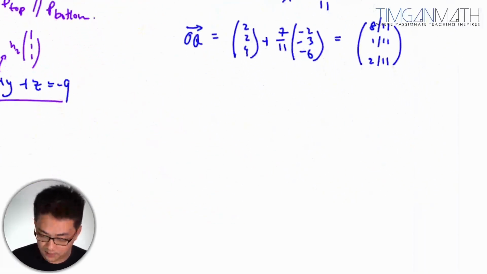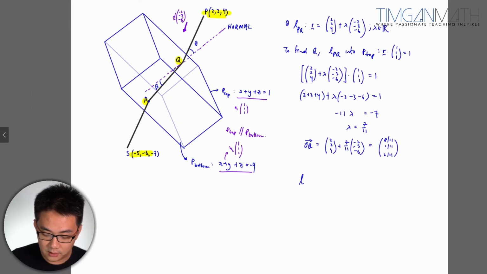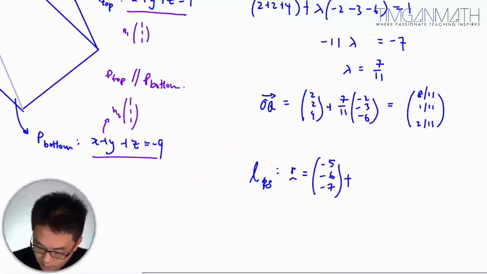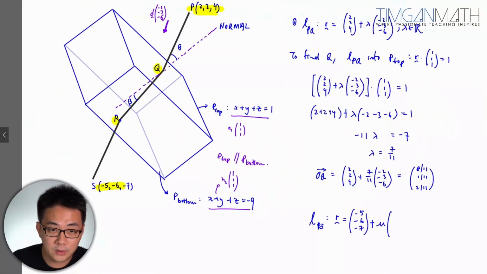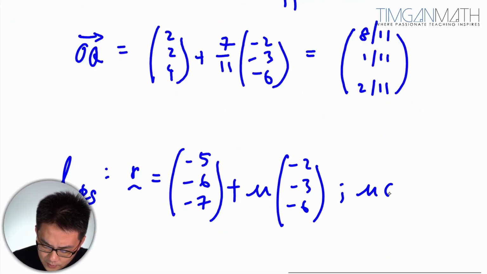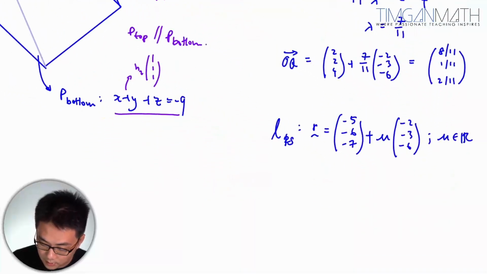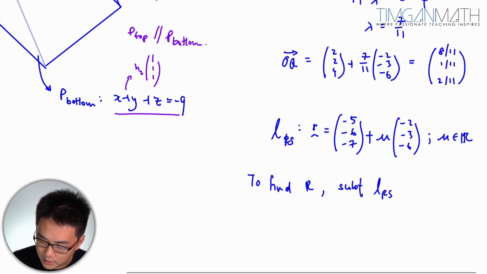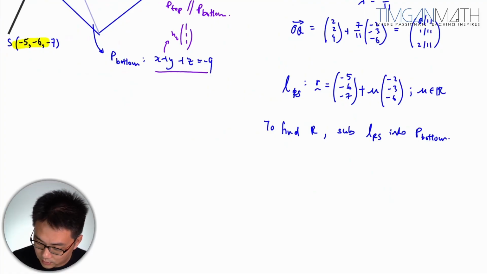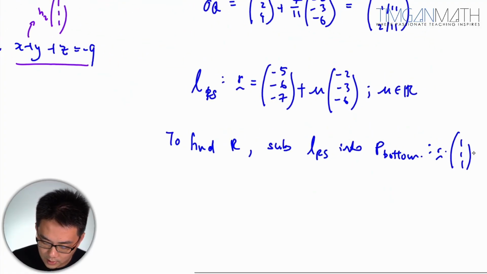To find R, you find the line RS, which is parallel, so it takes the same direction. L_RS is r equals (-5, -6, -7) plus mu (-2, -3, -6). Then substitute L_RS into P bottom, the bottom plane, which is r dot (1, 1, 1) equals -9.